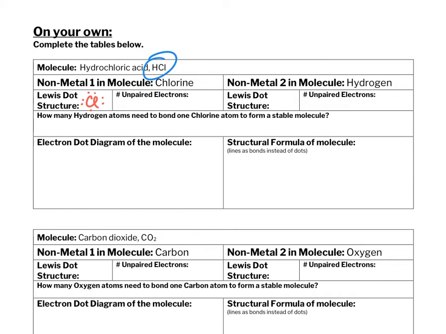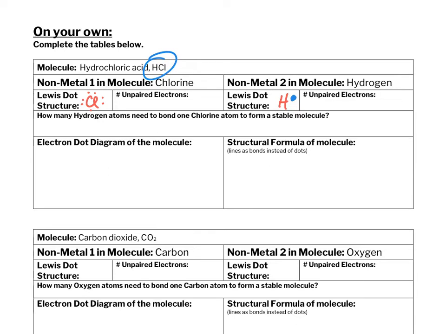Well, we should actually leave that until we're done with drawing the structure of it. The other one is hydrogen, H, which has one valence electron. And the question, how many hydrogen atoms need to bond to one chlorine atom to form a stable molecule? Well, it's one of each. We got the formula there already. All right, let's draw what this will look like here.